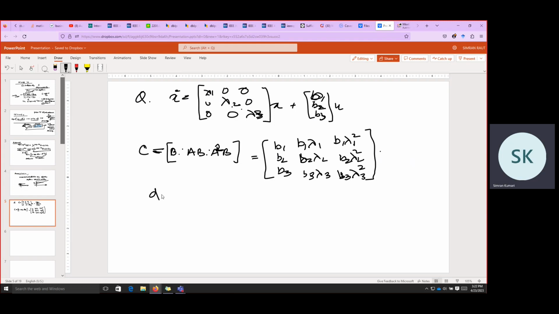Now for this to be of rank 3, because for controllability this should have rank 3, the determinant of this should not be 0. So we will try to find the determinant of this.